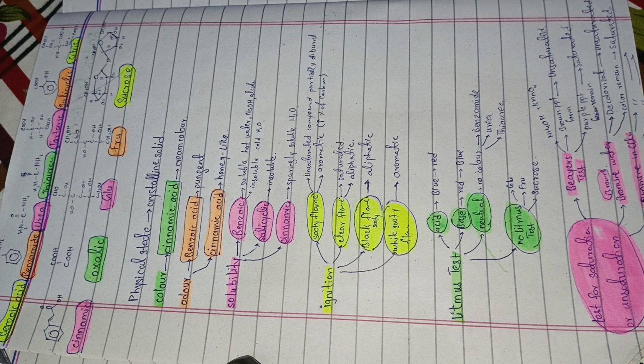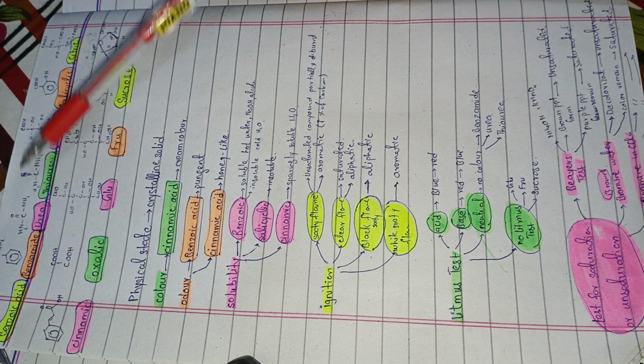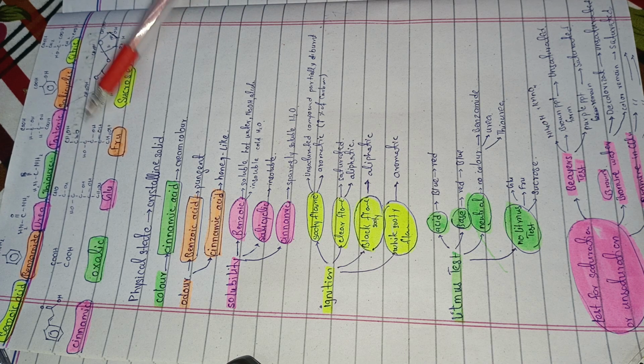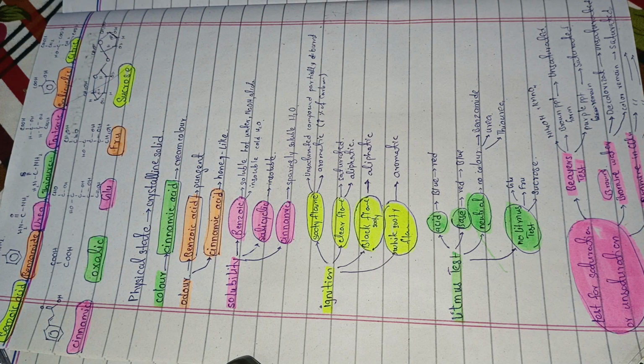So today's lecture is very important, and in this lecture we are going to cover 12 practicals of organic chemistry in that single lecture. We are going to discuss the identification of the following compounds: benzoic acid, benzamide, urea, thiourea, tartaric acid, salicylic acid, citric acid, cinnamic acid, oxalic acid, glucose, fructose, and sucrose.